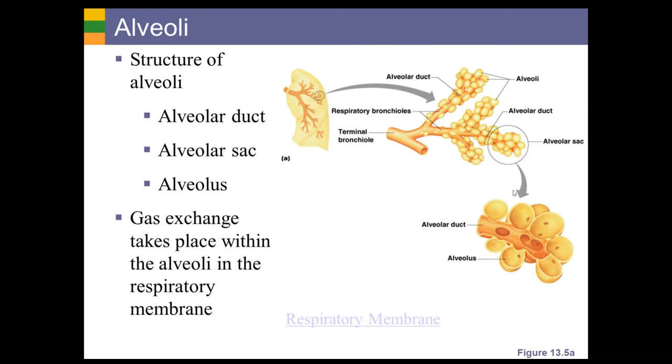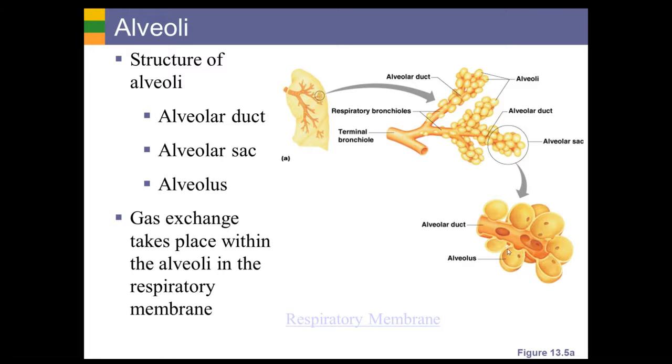So again, this whole bunch of grapes is called the alveolar sac. It is composed of the alveoli and the end of that respiratory bronchiole, which is the alveolar duct. So gas exchange, that's where oxygen and carbon dioxide move into and out of the blood.